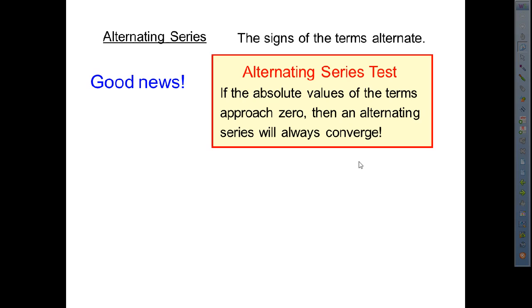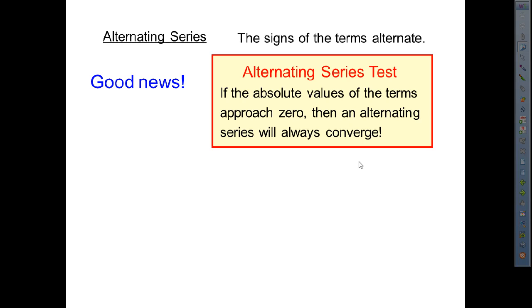If the absolute values of the terms approach 0, then an alternating series will always converge. That makes a test that is really, really easy, because 9 times out of 10, an alternating series is going to look really complicated. It's going to have a -1 in parentheses to some n power, whether it be n or n plus 1 or n minus 1, but that's what's going to alternate the series.